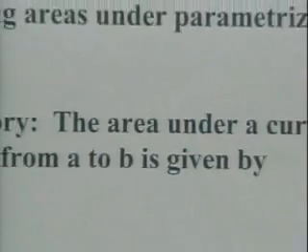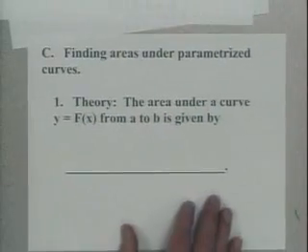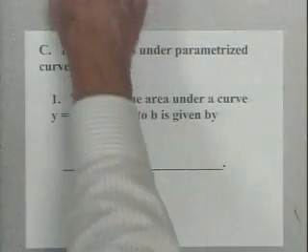Okay, so if you want to do integration with parametrized curves, then you probably might want to look at an area problem, just like before we looked at a tangent problem. That's why this is next. Finding areas under parametrized curves.